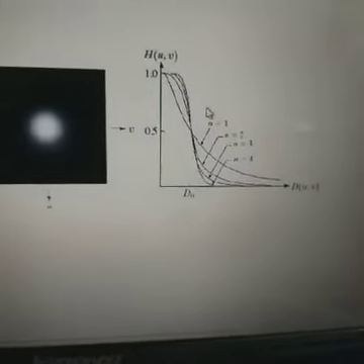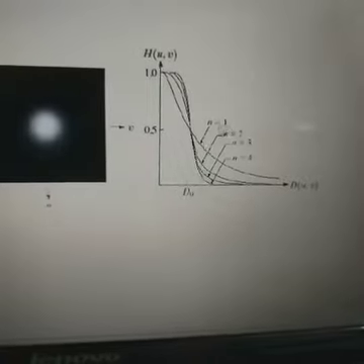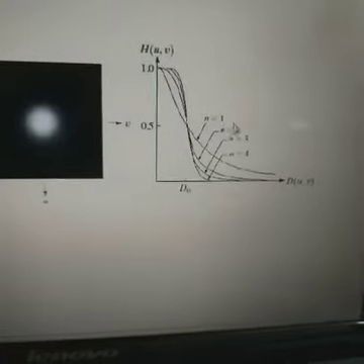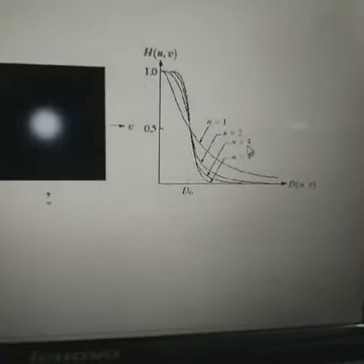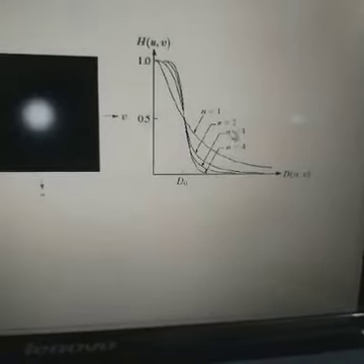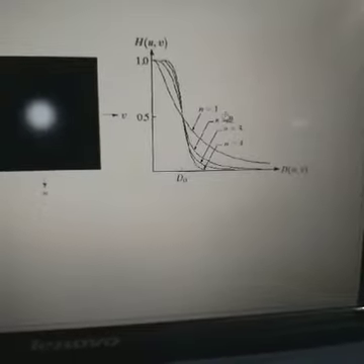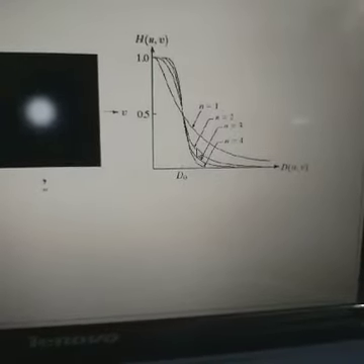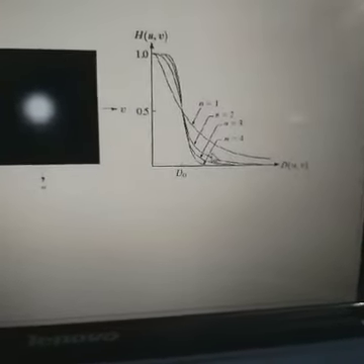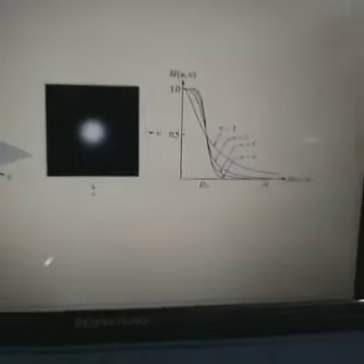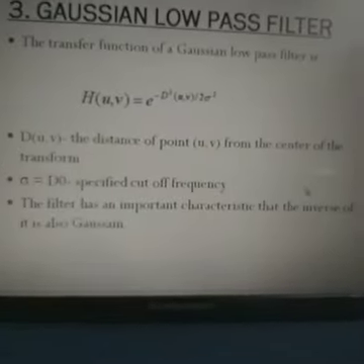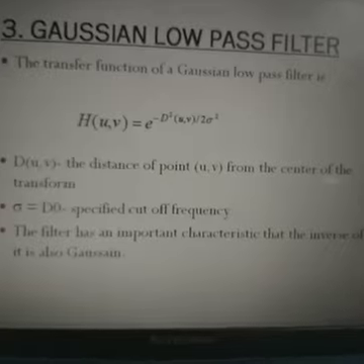Clear? If n is 1, then the result is like this. Then n is equal to 2, 3, 4. The most appropriate result is when n equals 2. So this is the most appropriate result. Clear? Next we have the Gaussian low pass filter.